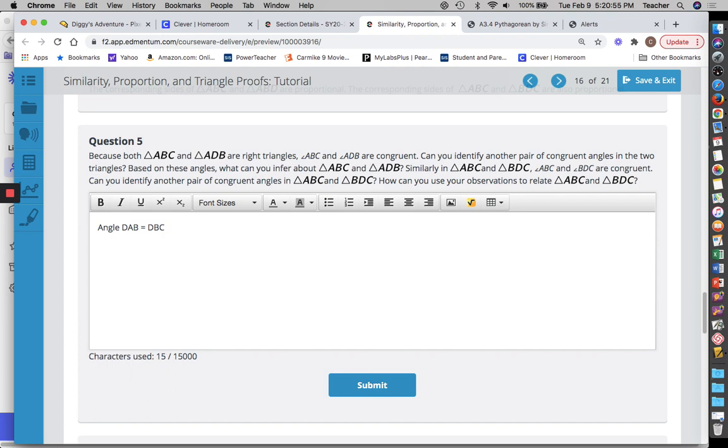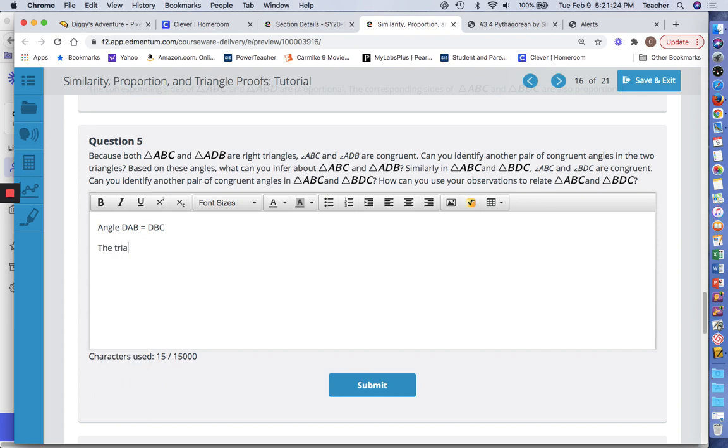All right, so they are the same. Based on these angles, what can you infer? Well, I can infer that the triangles are similar because we already know the sides are proportional. Now I've got an angle, so based just on side angle side alone, these are similar triangles.